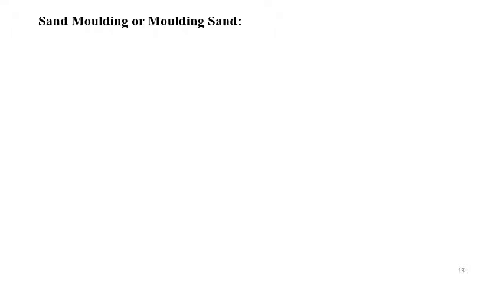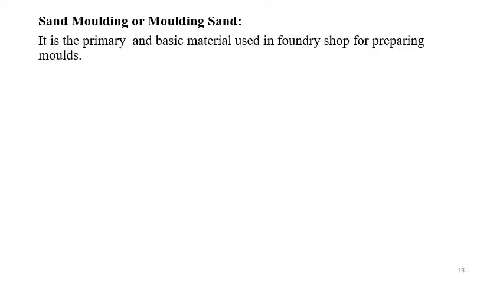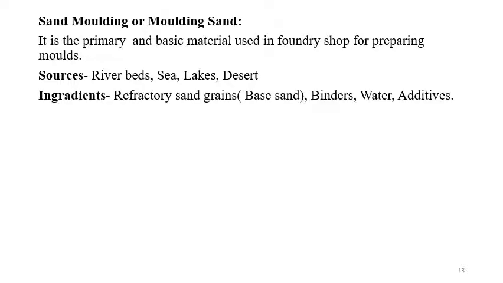Next is molding sand. It is the primary and basic material used in the foundry shop for preparing the molds. Sources of sand available are river beds, sea, lakes, etc. The ingredients of the sand are refractory sand grains, that is the base sand, and binders, water, and additives.